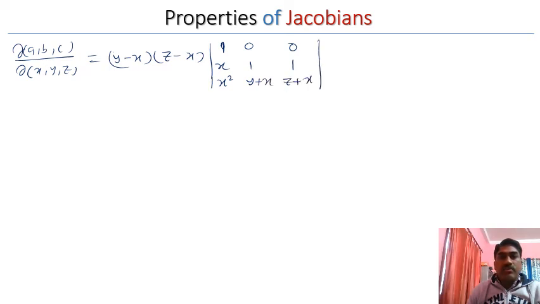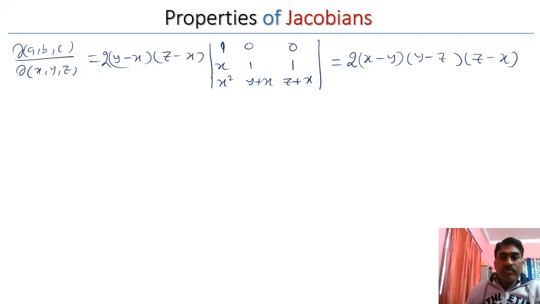This is very easy to open. So finally you will get x minus y, y minus z, and z minus x, and here is a 2. So this will become 2 times (x minus y)(y minus z)(z minus x).